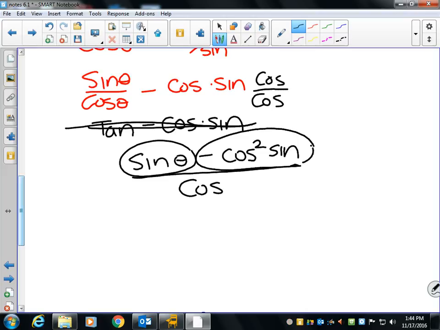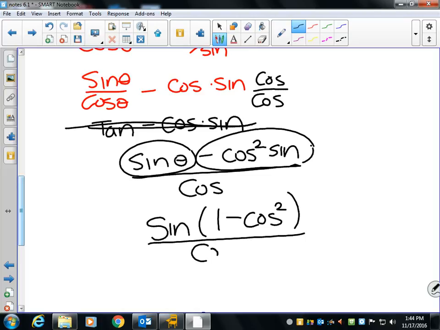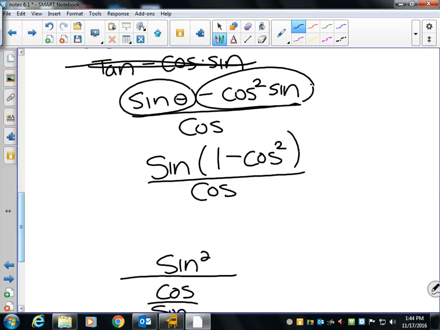Here's your next term. So factor out a sine. So if I pull out a sine, I get 1 minus cos squared all over cos. What's 1 minus cos squared? Sine squared, right? So we get sine times sine squared over cos.